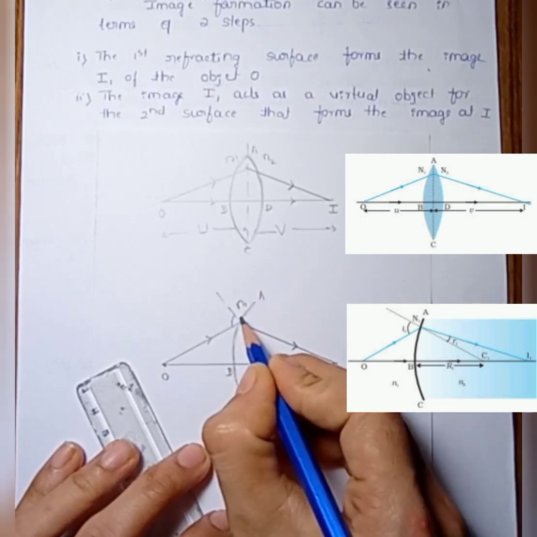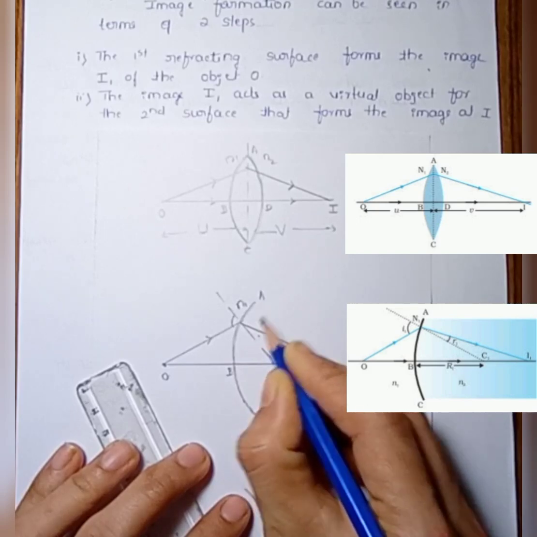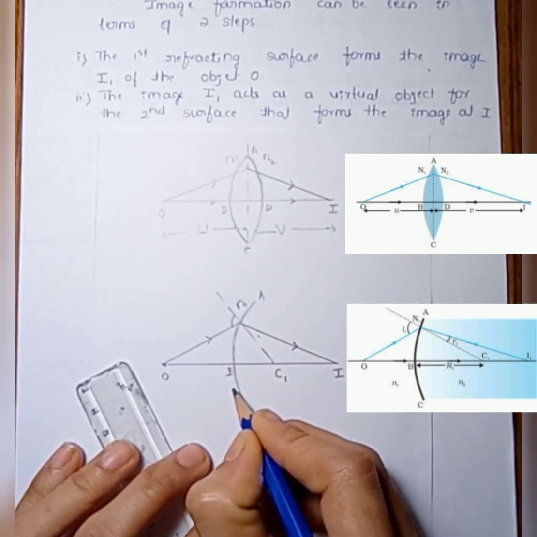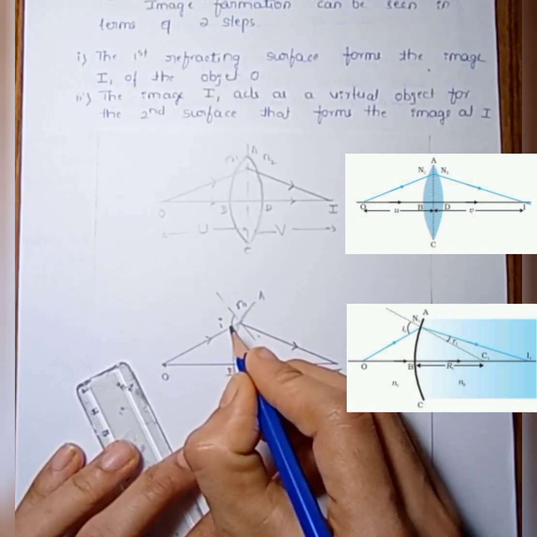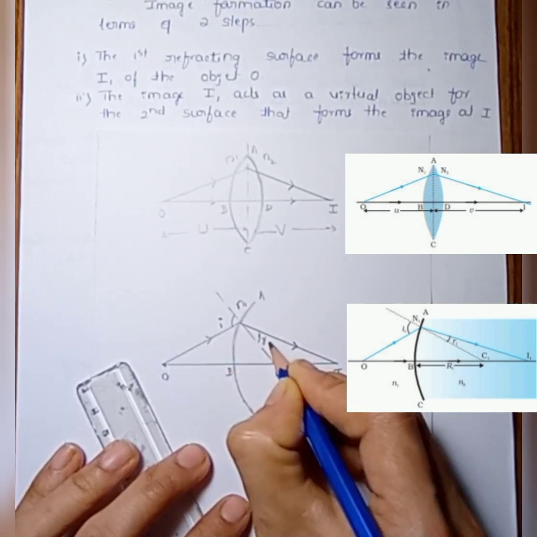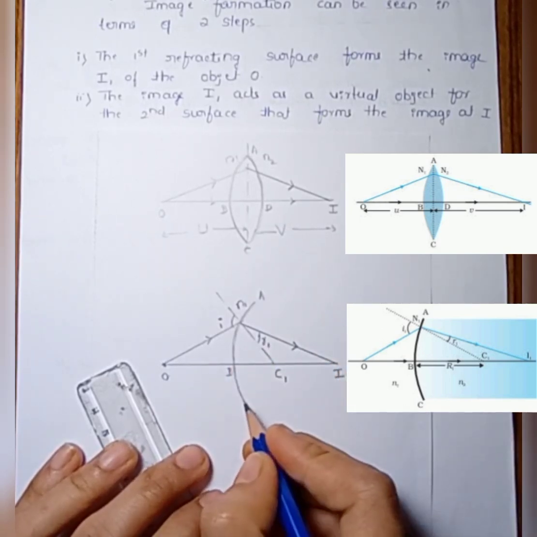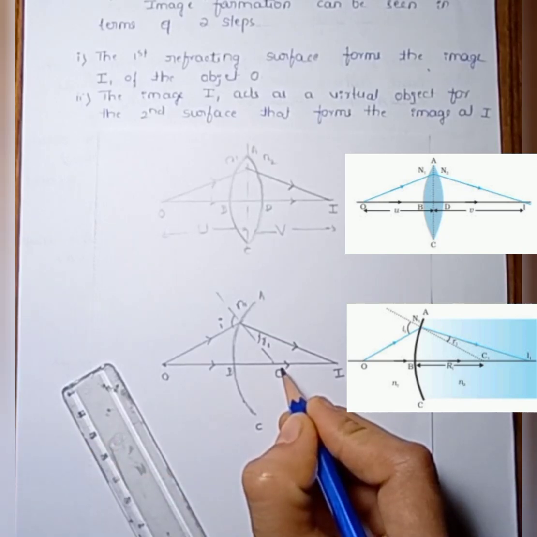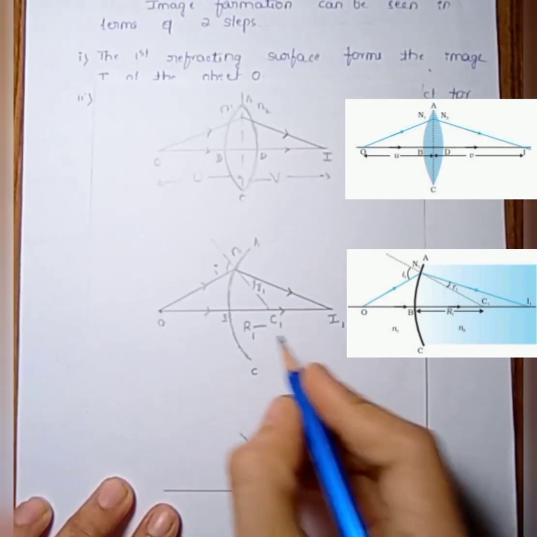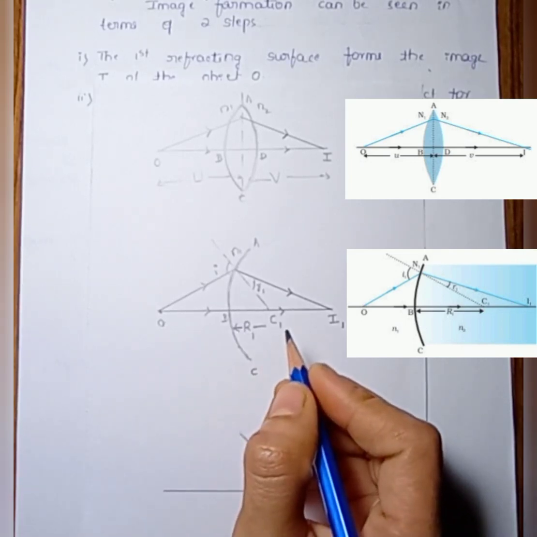Here, N1 is the refractive index of the first medium and N2 is the refractive index of the second medium. I is the angle of incidence, R1 is the angle of refraction, and R1 is the radius of curvature.